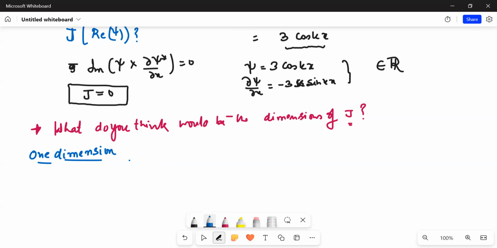Now, if I'm doing so, what do you think the dimensions of the wave function would be? This is what I was referring to yesterday: if I want to find the integral of psi mod whole square dx, this represents probability, and this would be some constant.